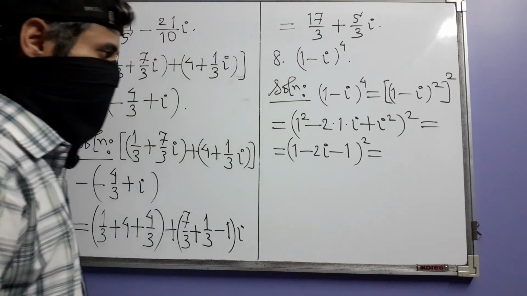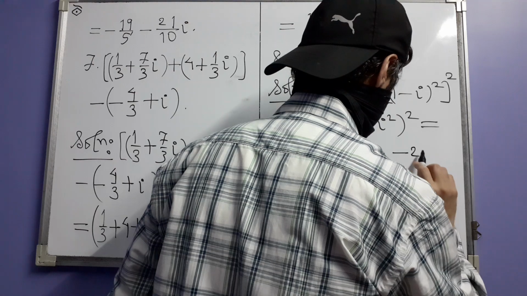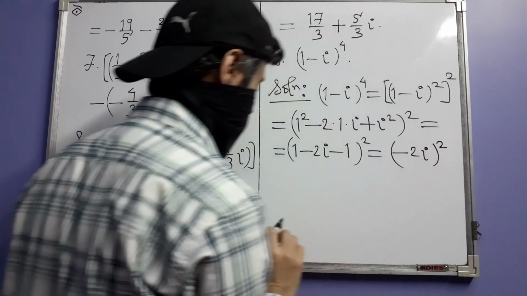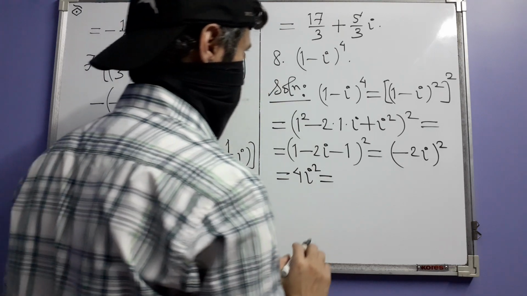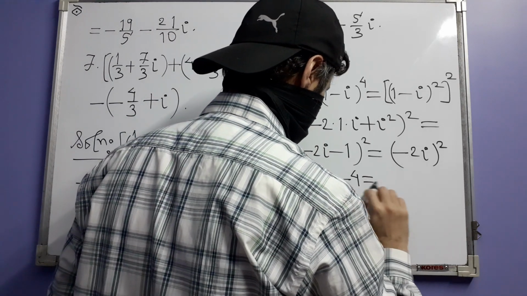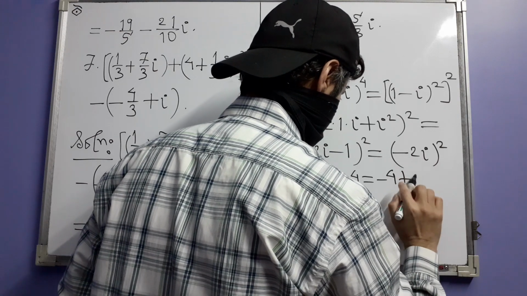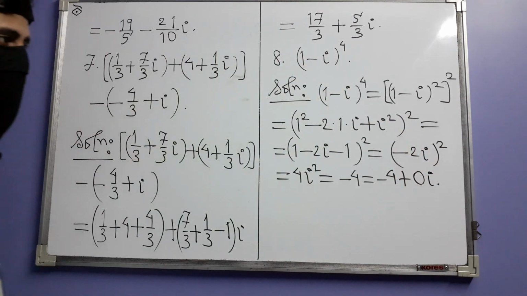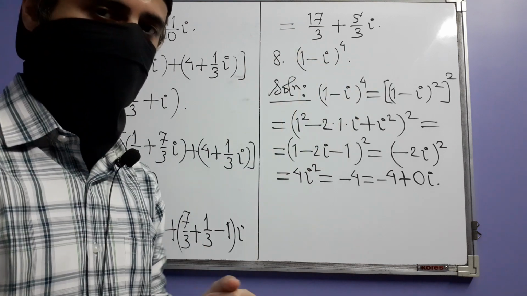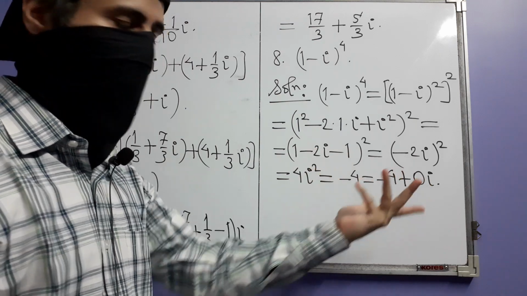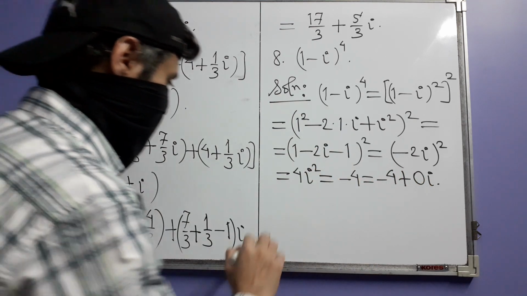So there you see that there is a simplification, 1 and minus 1 cancel each other and you get minus 2i squared, which is just 4i square, and 4i square means minus 4, so this is minus 4 plus 0i. Okay, so what at first looked like a very big calculation, it gradually got reduced and you have the answer. Yes. Next.